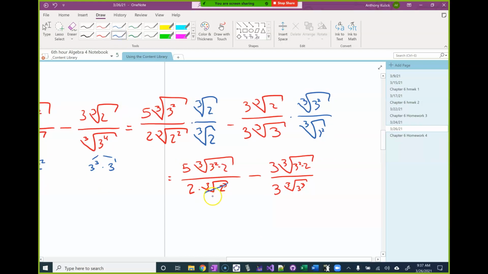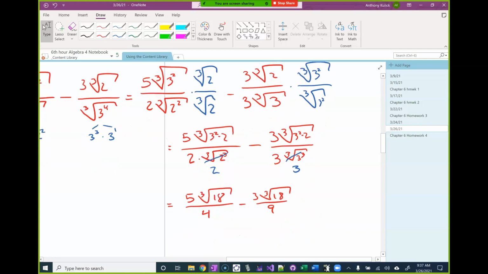So cube root of 2 cubed is just 2, and cube root of 3 cubed is just 3. So I have 5 cube root of 18 over 4 minus 3 cube root 18 over 9. So I do have the same cube root, right?